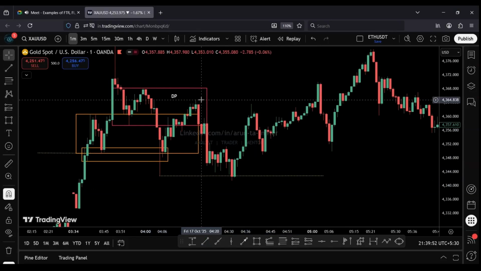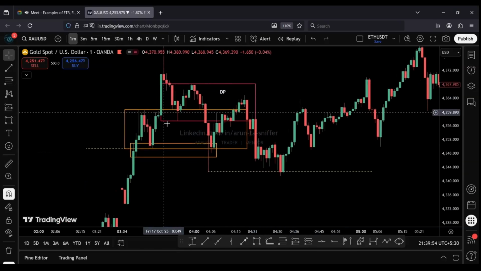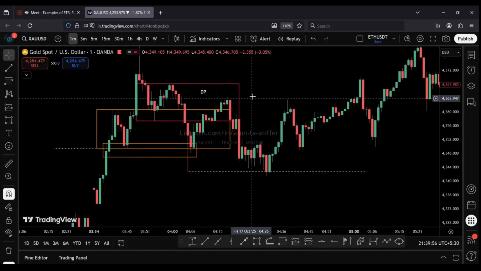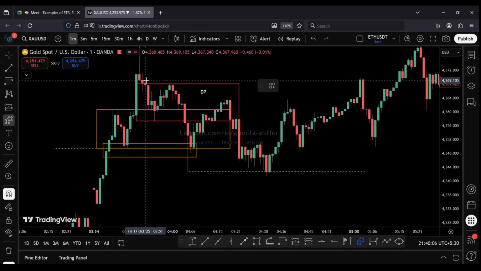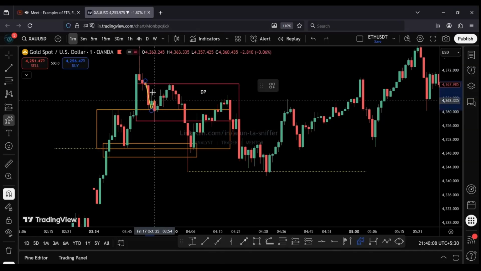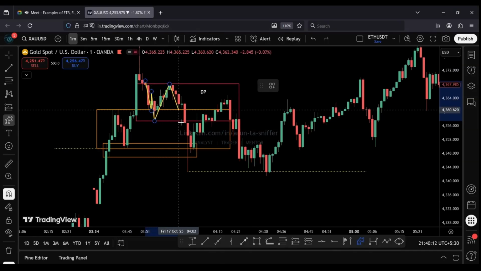Price goes up here, and if we look at this DP, our MPL, we need to find MPL. How will we find MPL? When the structure is like this, price came here, goes up, came here, took out, and came down till here, like this.